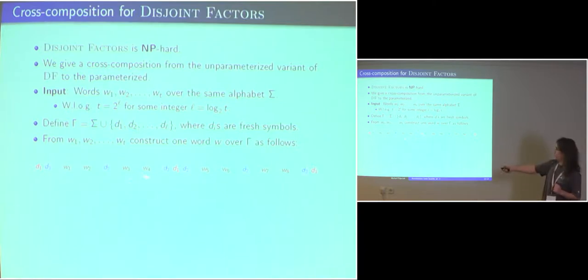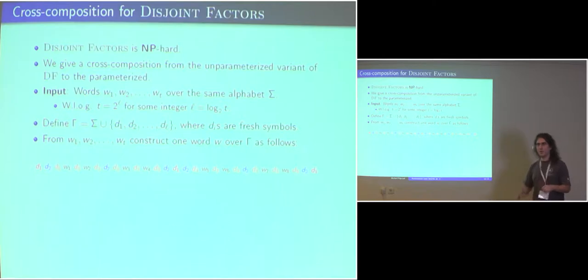Then for D2, I will do the same but in halves. In the first half, I will put it in the very beginning, in the very end, and in the middle. And the same in the second half. So now if I used the second half of the word for the factor for D1, I've got a fractal situation here. I can here either cross out the first half of the first half or the second half of the first half. And the same for D3.